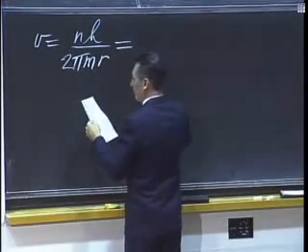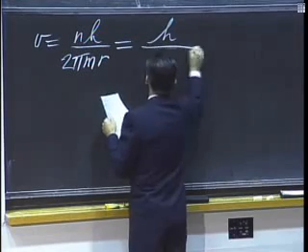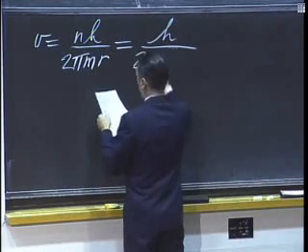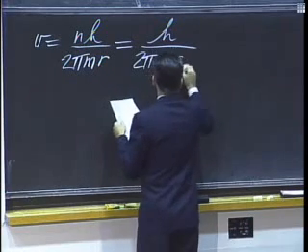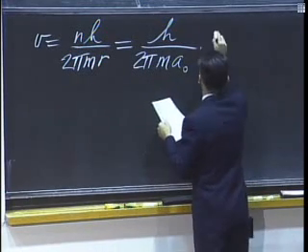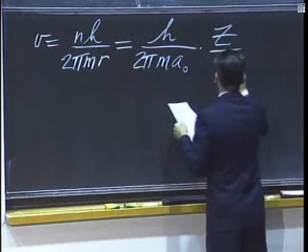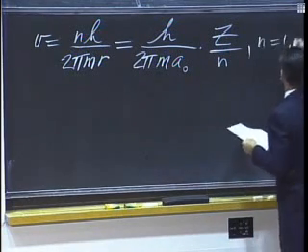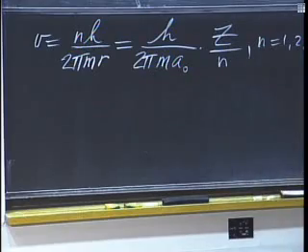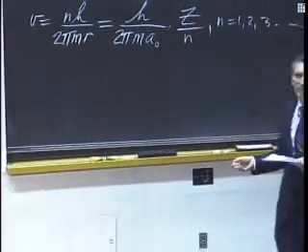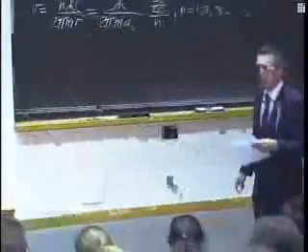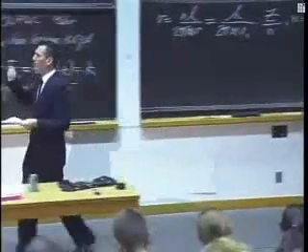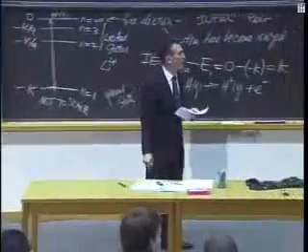We can make some substitutions here using some of the derivation on the previous board, which will give us the Planck constant divided by 2 pi, mass of the electron, times the Bohr radius, all of this times the ratio of Z over n, where n equals 1, 2, 3, and so on. And we rarely look at velocity because, as you'll learn very quickly in 3091, we're going to abandon this strict adherence to a planetary model pretty soon.